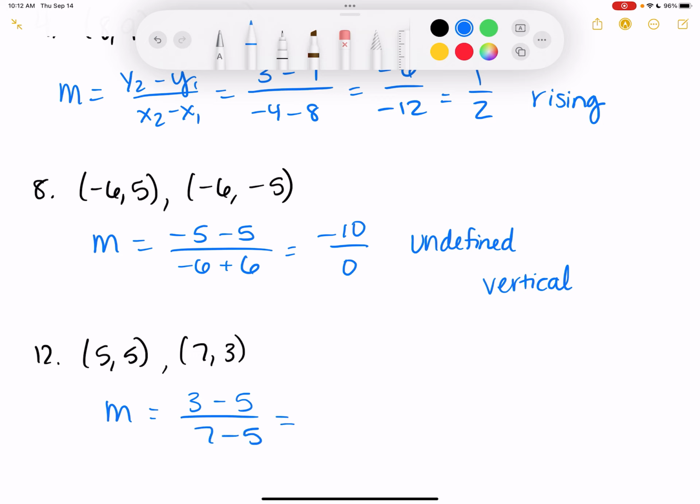So we've got -2 over 2, which is -1. And what is that line doing? Falling. All right, if it ended up with 0 on top, it would be doing what? Or what line would it be? Horizontal. Yep, horizontal.